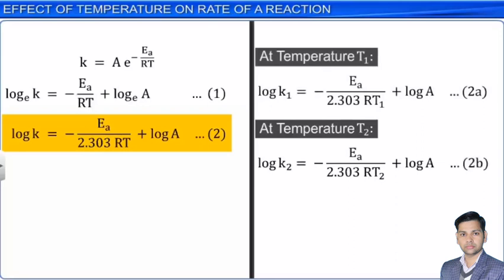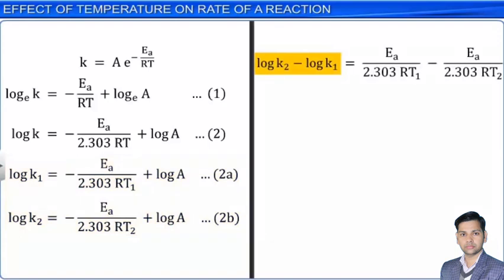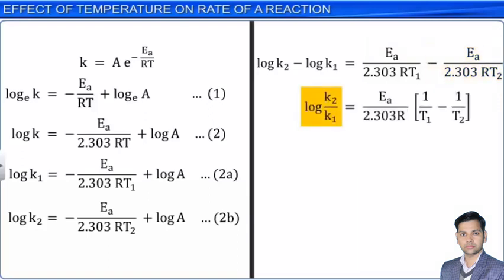On subtracting 2A from 2B, we get log K2 minus log K1 is equal to EA divided by 2.303 RT1 minus EA divided by 2.303 RT2, or log K2 divided by K1 is equal to EA divided by 2.303 R multiplied by 1 by T1 minus 1 by T2.